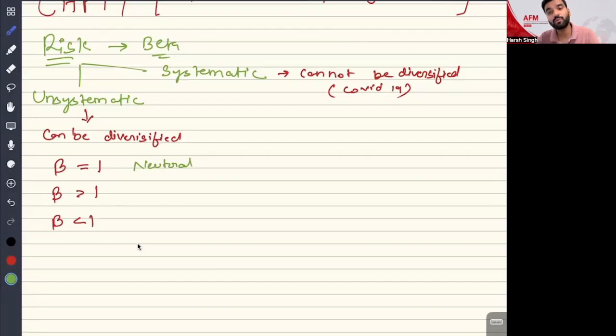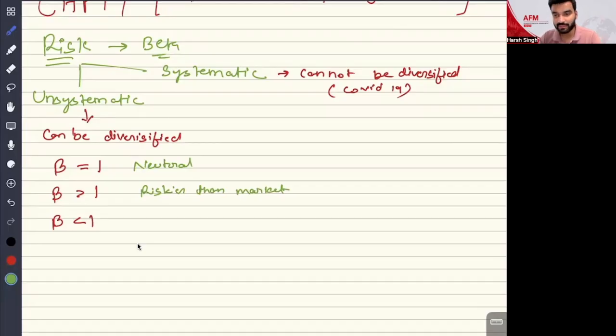When beta is more than 1, it's risky. I'll call it riskier than market. If beta is more than 1, then your investment is riskier than the market.